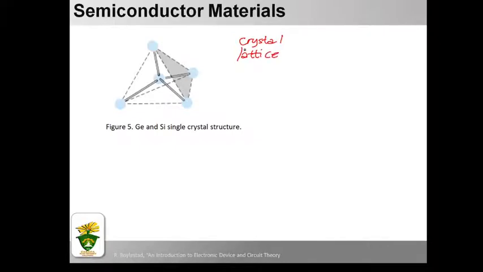For germanium and silicon, the crystal has a three-dimensional diamond structure.